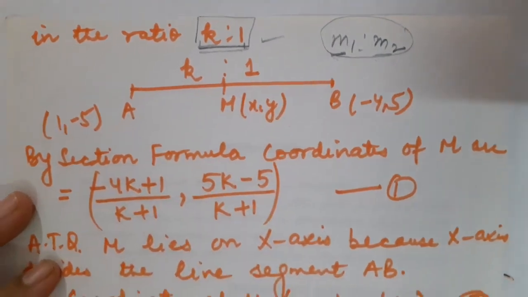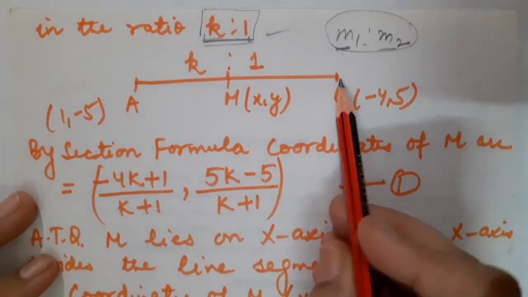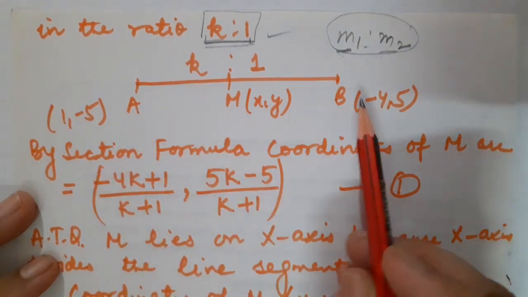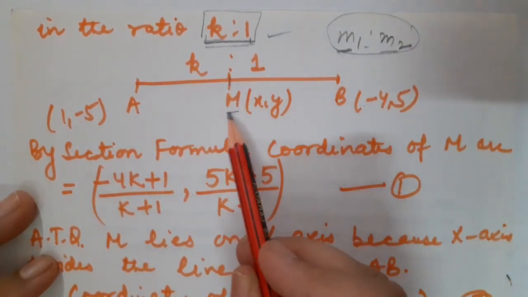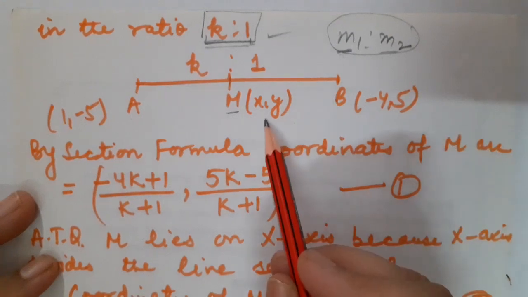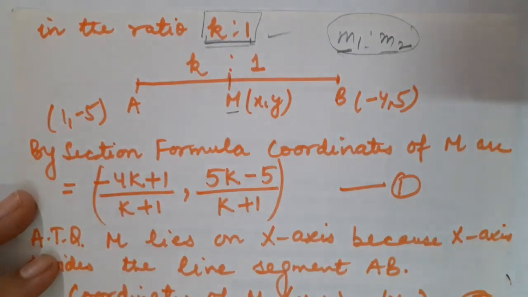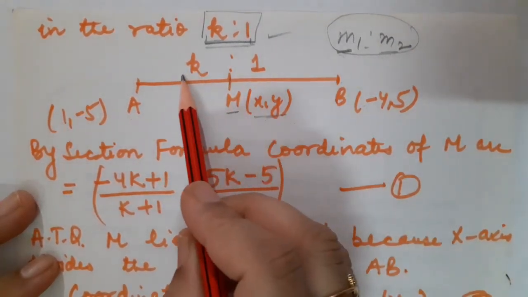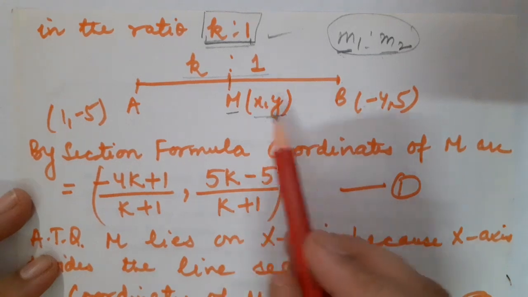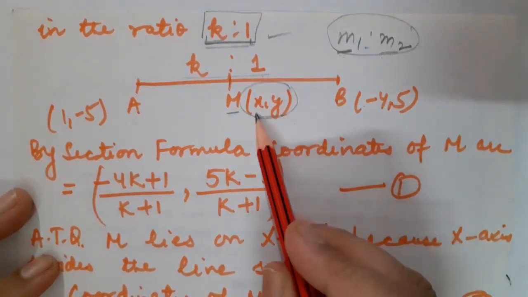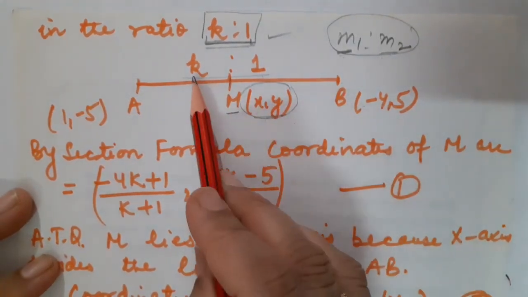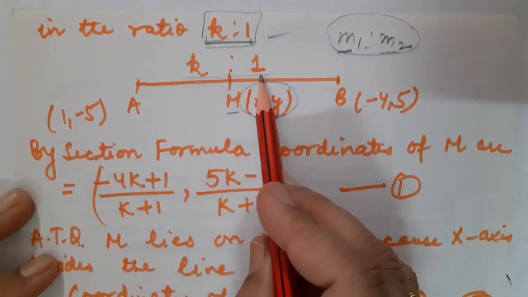Fine, students. So this is the complete line segment AB whose coordinates you have, and let there be a point M which is going to divide this line segment. You have to calculate its coordinates as well as the ratio. But by my assumption, I have taken the coordinates as x, y, and the ratio as K ratio 1.